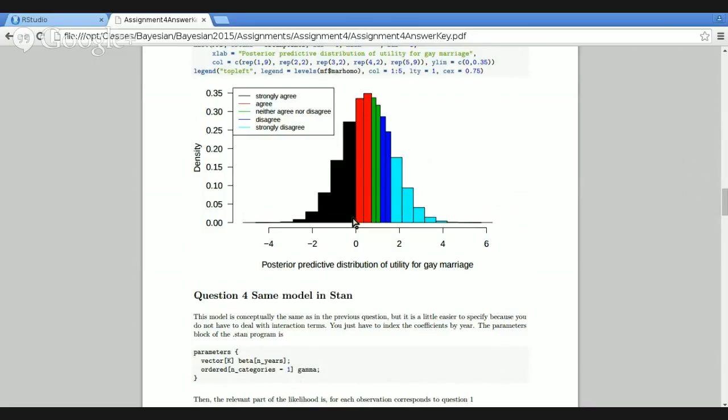Then narrower sets of people in agree, neither agree nor disagree, or disagree. So the cut points for those categories are pretty close together. And then, still, a pretty substantial proportion of the people strongly disagree.